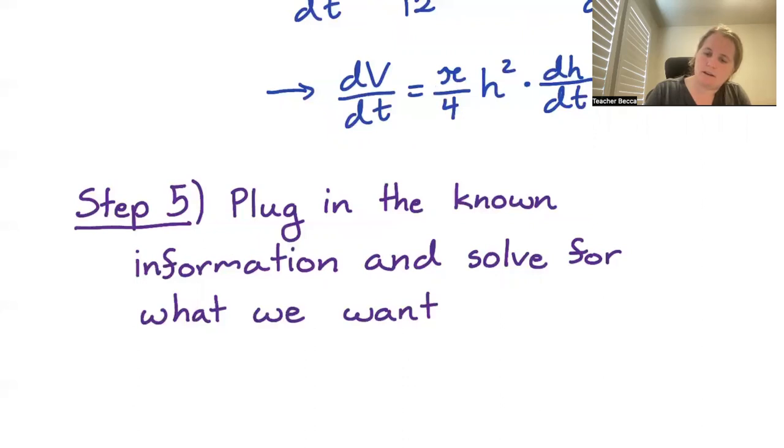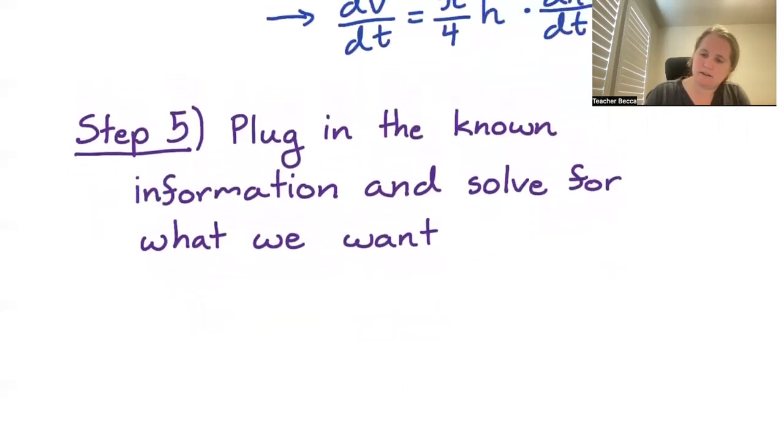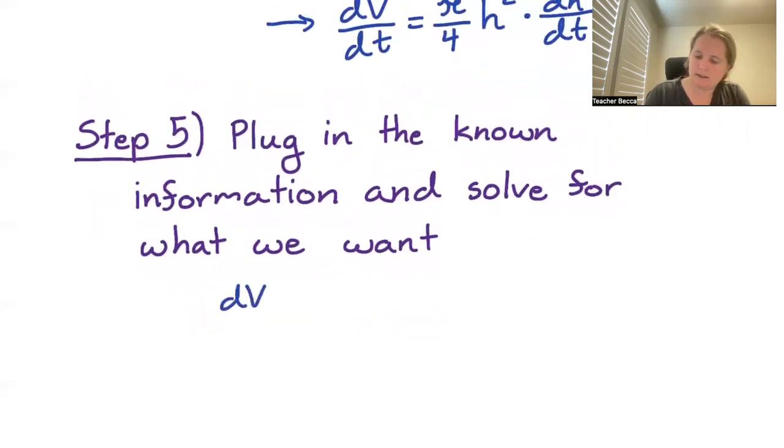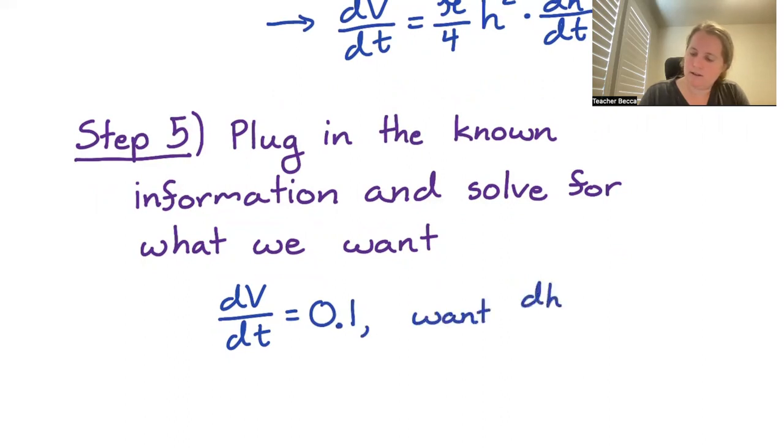So we had dV/dt is equal to 0.1. We want dh/dt when h equals 6.